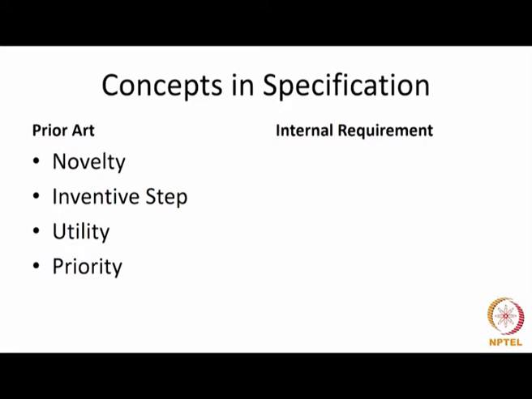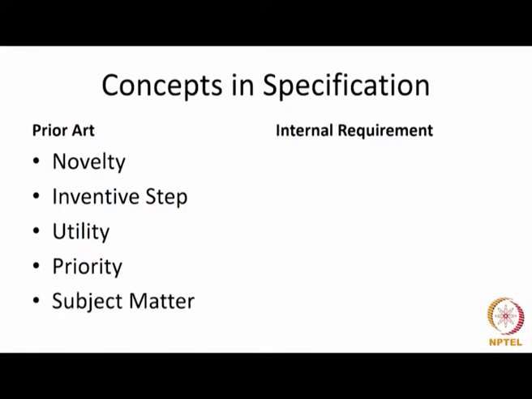We will look at that in greater detail in the forthcoming lectures. So to determine priority, if there is a prior disclosure before your date of priority, then that could be used as prior art for invalidating the invention. So priority is a concept which is outside the specification, but nevertheless in drafting you will have to consider it.